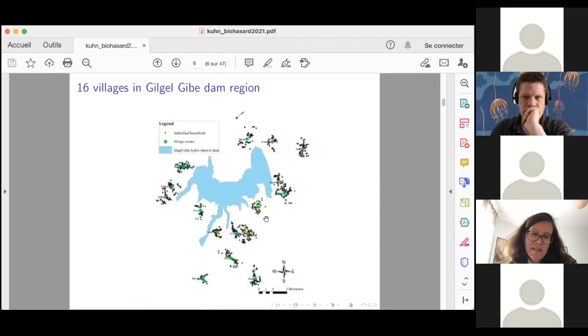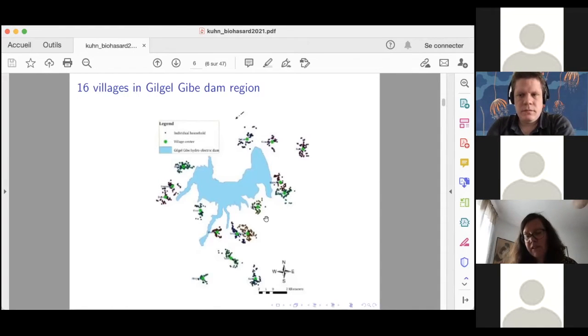The idea is that the proximity of the villages or of the households to the dam can have some effect on the transmission rate of malaria. Also, because of the transmission mechanism, the proximity between individuals, in different villages too, can have an impact on the propagation.